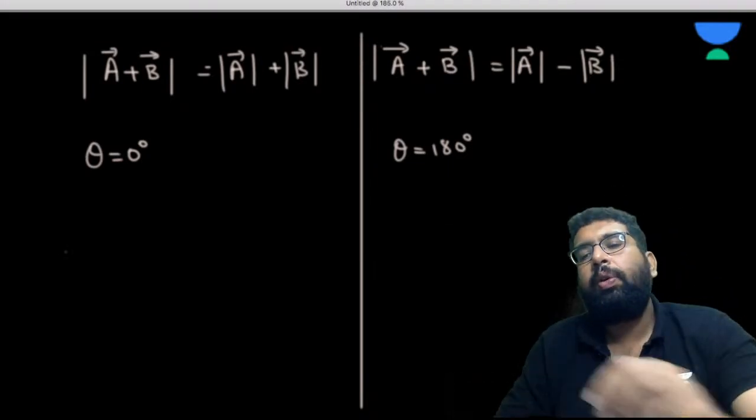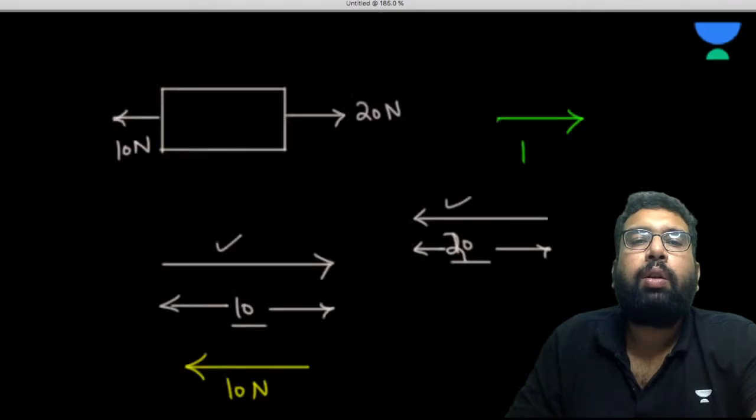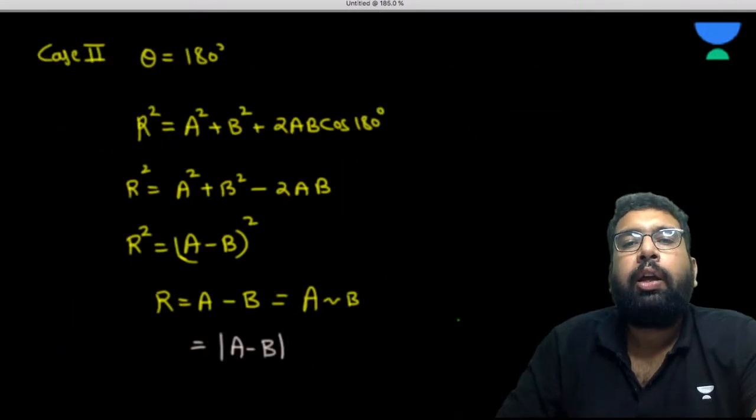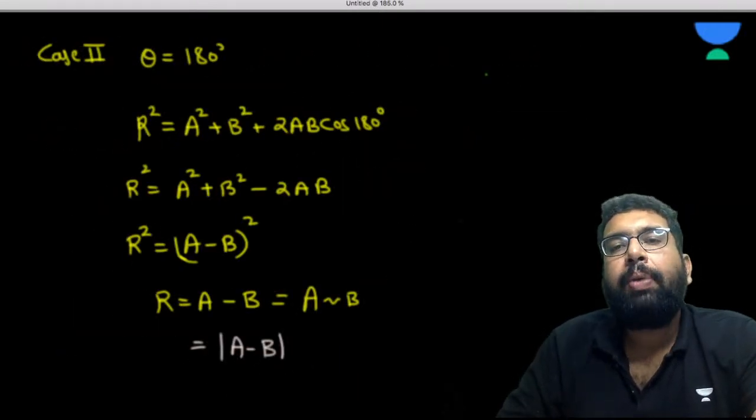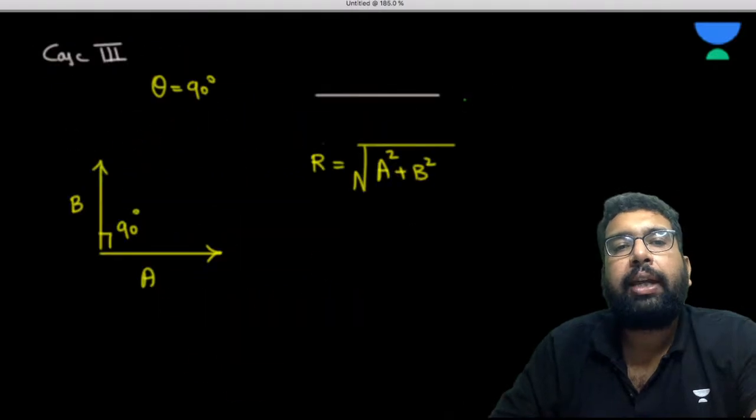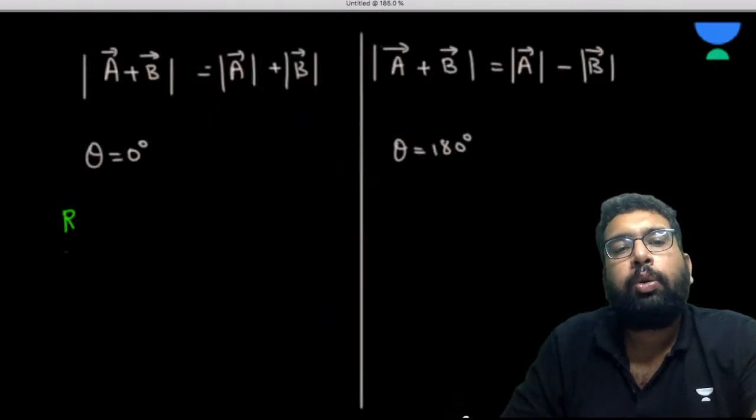Okay, and if you want to see it with the formula also, let A plus B be r. So this means the resultant of A and B, r, is equal to A plus B. This can only be possible when theta is equal to 0.